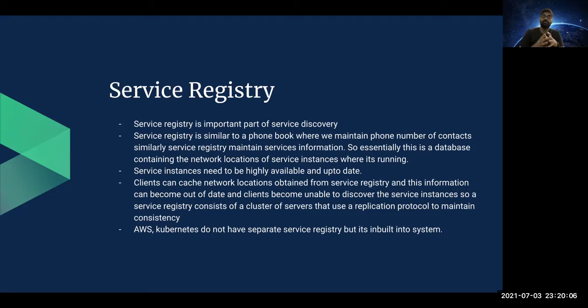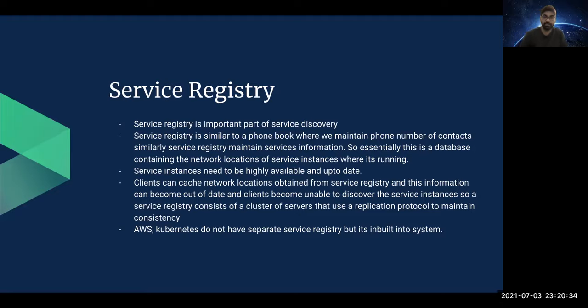Service instances need to be highly available and up to date so that if any change happens, it is updated in the service registry. On the client side, the client can cache network locations obtained from the service registry, and this information can become out of date, and clients become unable to discover the service. So a service registry consists of a cluster of services that uses a replication protocol to maintain consistency.